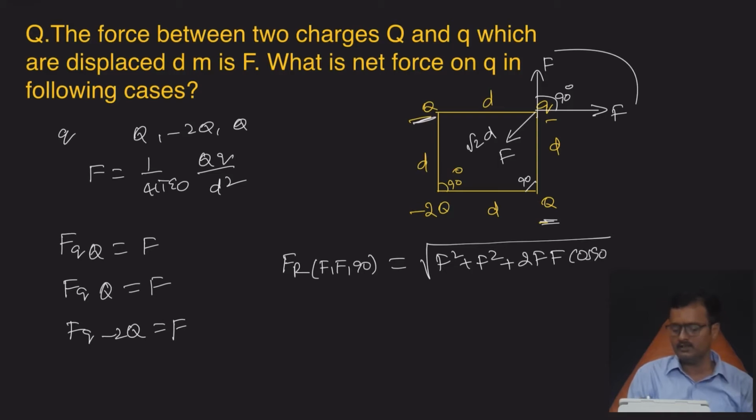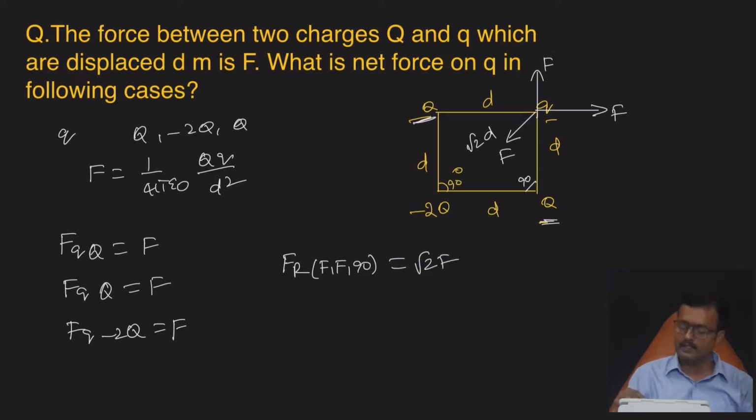Cos 90 is 0, so this is 0. Root F square plus F square is 2F square, so root 2 into F. The direction is the diagonal. These two forces are equal in magnitude, so it makes an angle of 45 degrees. The resultant vector makes an angle of 45 degrees.